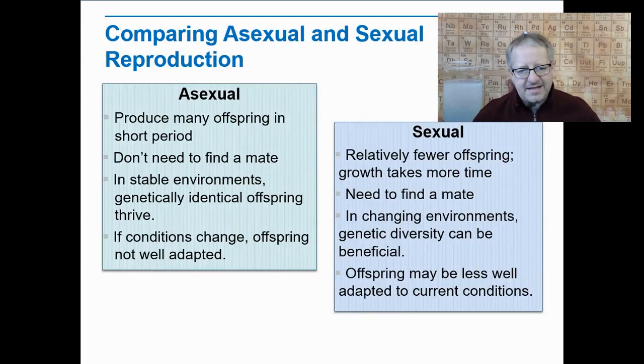So let's compare asexual and sexual reproduction. Consider how one form of reproduction might be more advantageous than the other. The characteristics that make an organism well adapted to its environment are really critical for its survival. So, under what kind of conditions would it be helpful to be able to create a very large number of offspring in a short period of time?